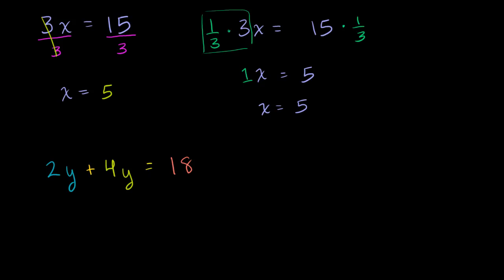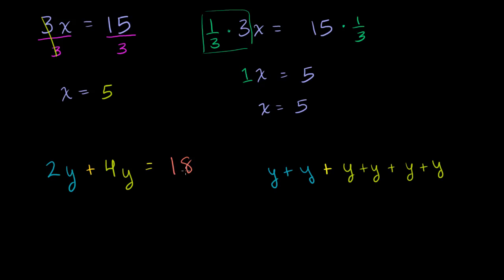Let's visualize it. So if I have 2 y's, what does that mean? It literally means I have two y's added to each other. So it's literally y plus y. And then to that, I'm adding 4 y's, which are literally 4 y's added to each other. So it's y plus y plus y plus y.